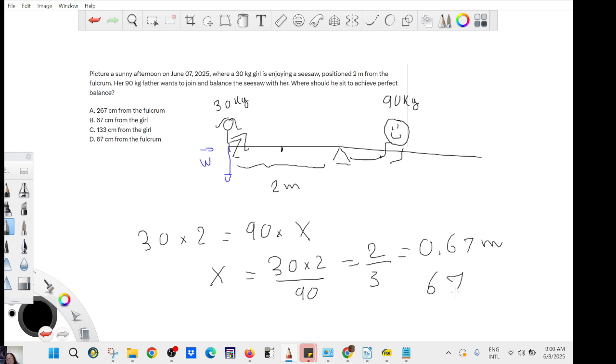So it should be 67 centimeters, right? So that should be 67 centimeters. So the answer is, you need to draw the situation, which makes things easier. Okay.